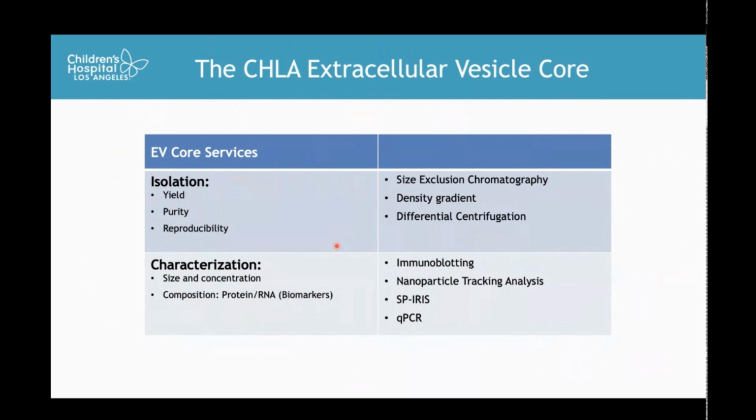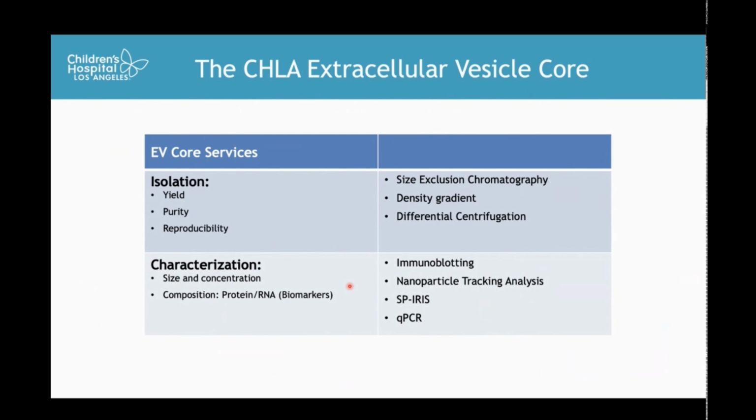So the core services here at CHLA focus on two main areas: the isolation of EVs, in an effort to optimize yield, purity, and reproducibility of EV isolates, and characterization, in order to characterize size, concentration, and also the composition, for example, for biomarker studies.